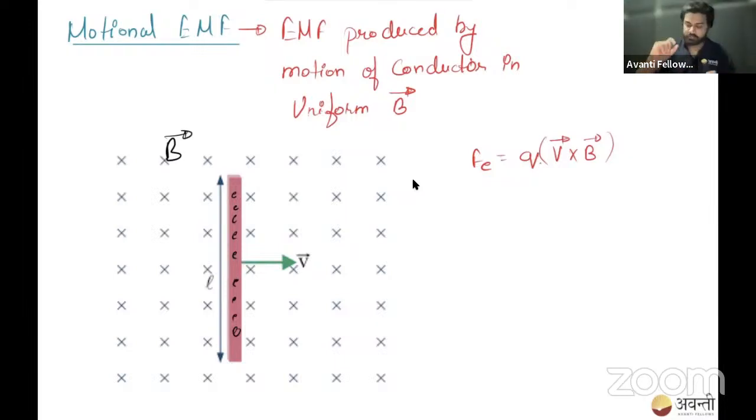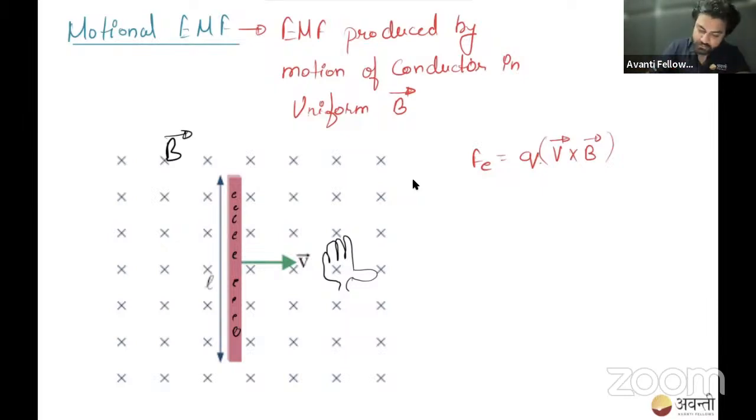If I put my thumb in the direction of velocity, somewhat like this, and four fingers like this, my palm will be showing the force upside, right? So all the positive charges will move up and the negative ones will move down. Movement of only electrons is possible, so all the electrons will come down.